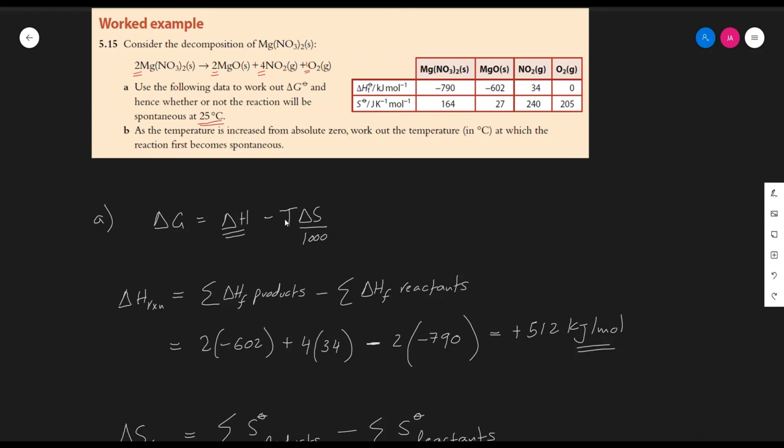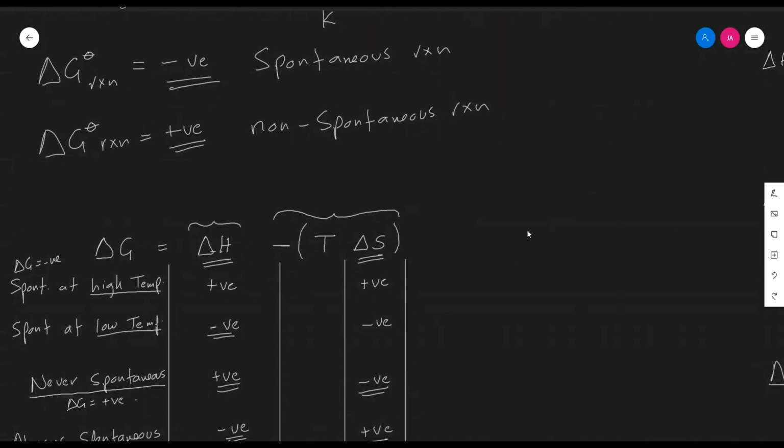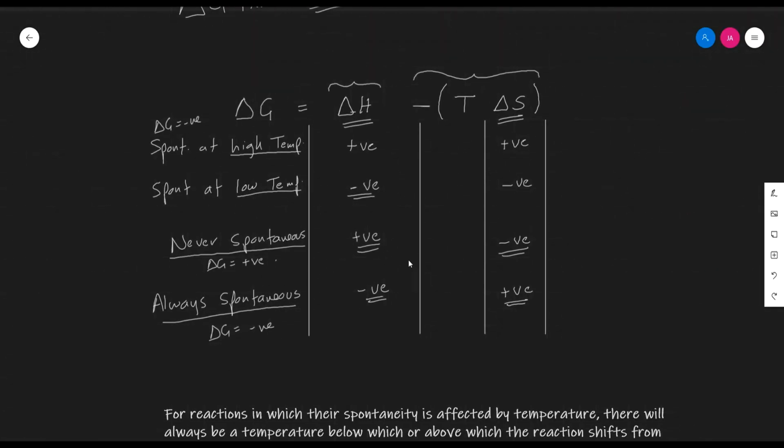If the signs of both the enthalpy change and the entropy change are different, as stated here, these reactions' spontaneity is independent of the temperature at which the reaction is carried out, and thus you will never be asked to calculate the transition temperature.